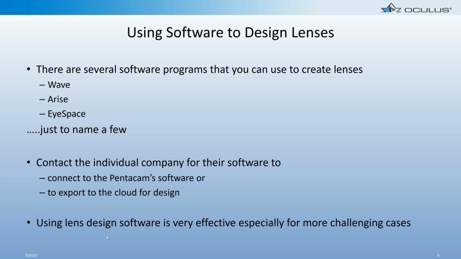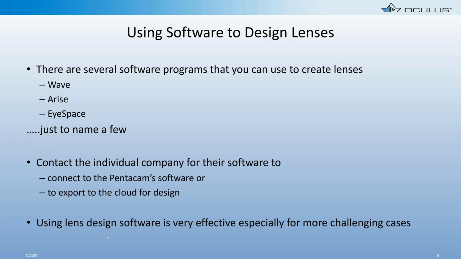I would really encourage you, if you're not doing anything with a software program, that you look into having this. I'm not saying you necessarily want to do a software-based lens for every single patient, but there are absolutely patients that will come along that challenge us because of a higher degree of astigmatism, let's say, or a larger or much smaller cornea.